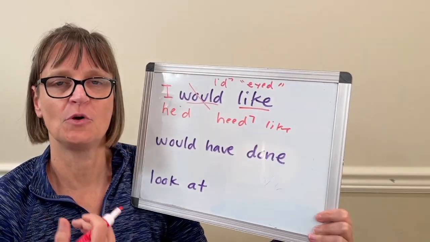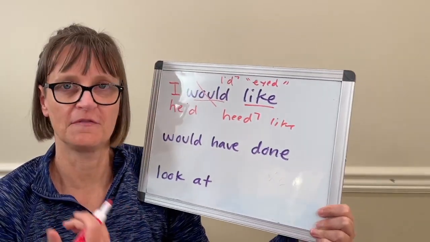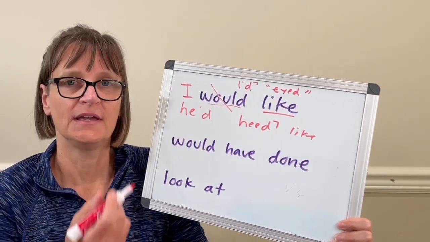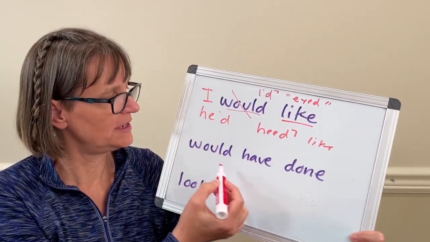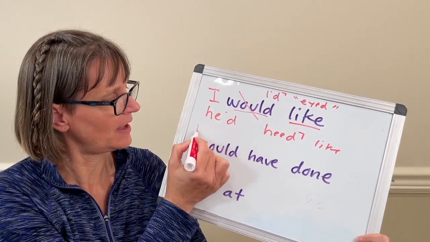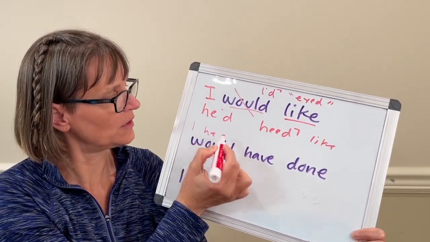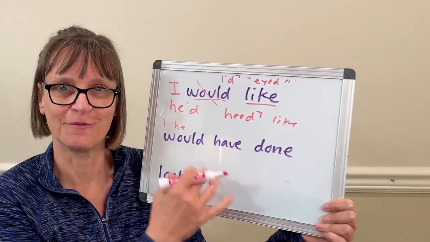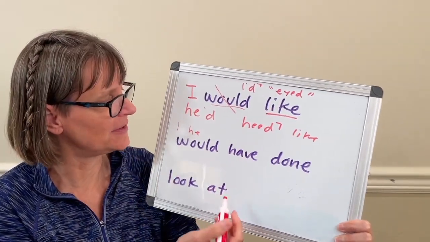Then when it comes to would have done, for example, we would have done that. We don't contract the would in this case. I would have, he would have, we would have, etc. John would have, pronoun or noun, name there at the beginning.